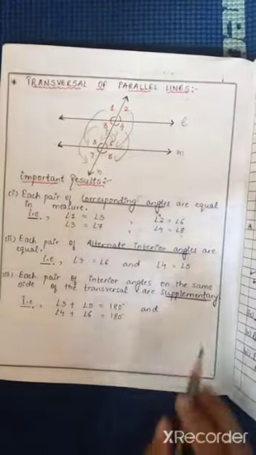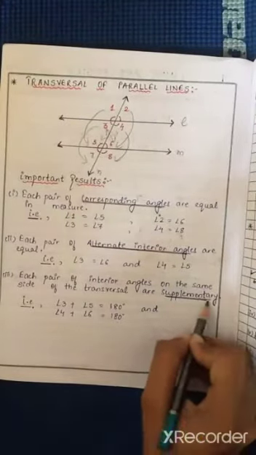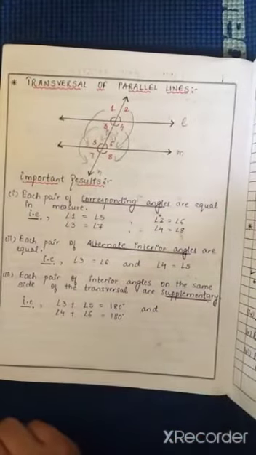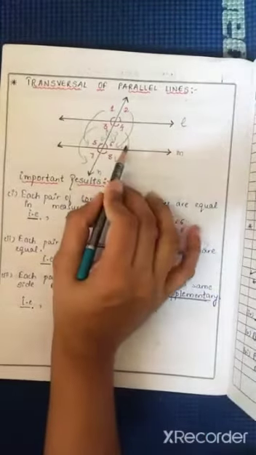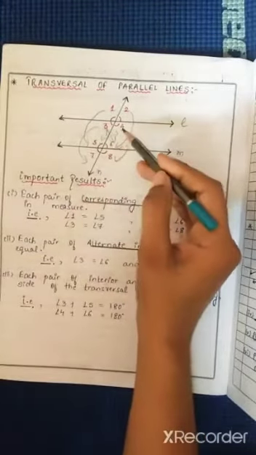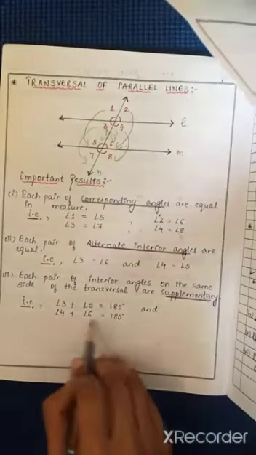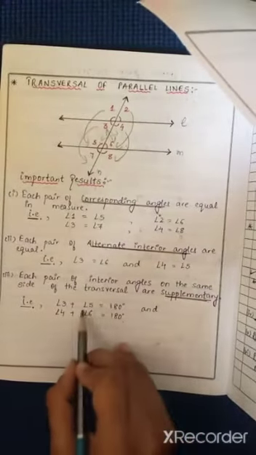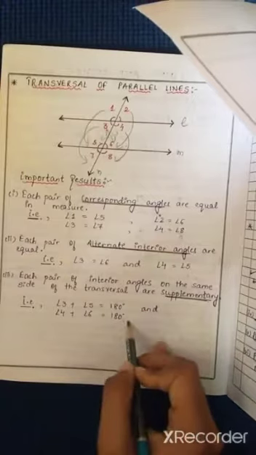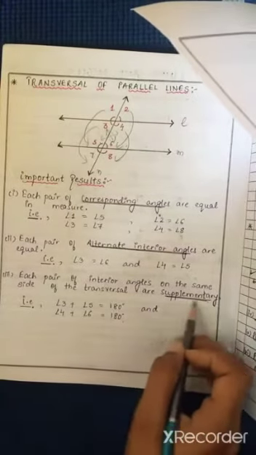Fine. So you should know by now that supplementary angles mean the sum of the angles should be 180. Similarly 4 and 6 are present on the right side of the transversal. So the addition of 4 and 6 will be 180. Fine. So both these pairs will give us the measure of 180 and these are known as supplementary angles.